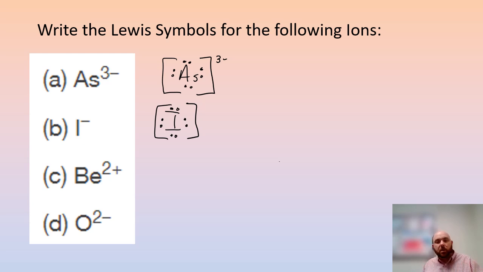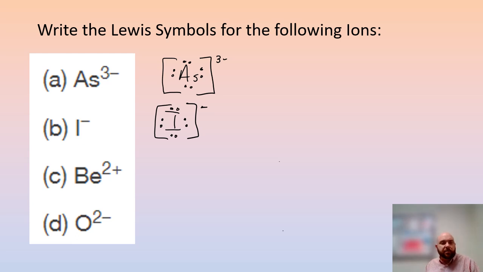We go ahead and draw all 8 of the electrons around the iodine to indicate that that ion has gained the 1 electron in order to achieve the octet, in order to have the same configuration as its noble gas neighbor. And we still indicate the charge in the right superscript position. If it's just 1, as in the case here, 1 negative charge, it's not necessary to write the 1. You can just display the charge.